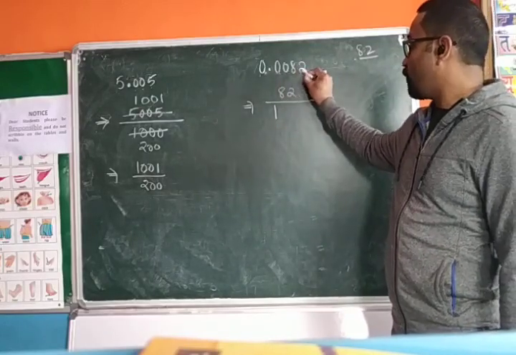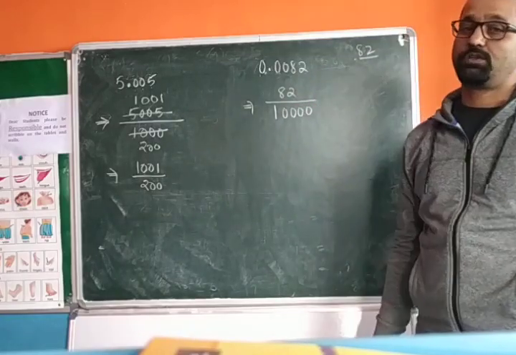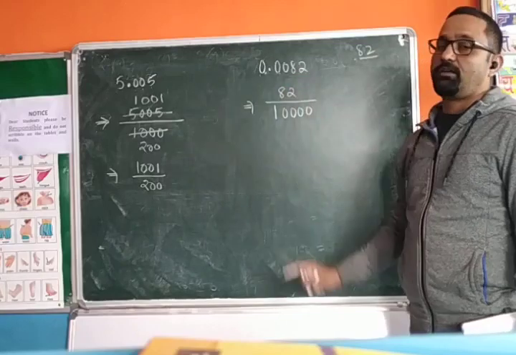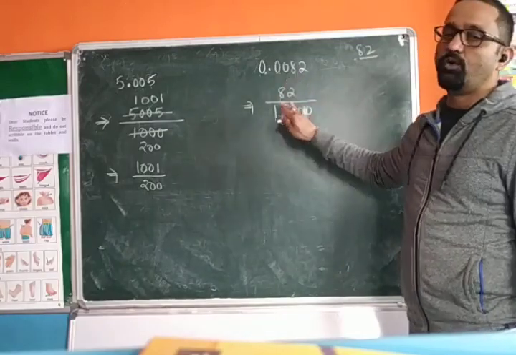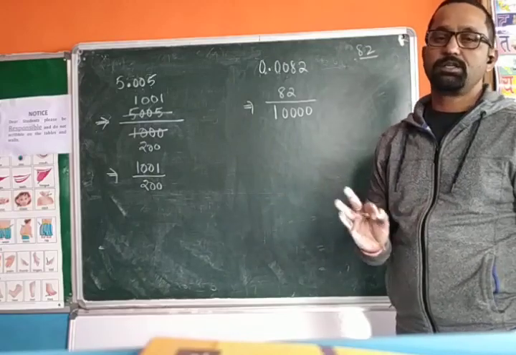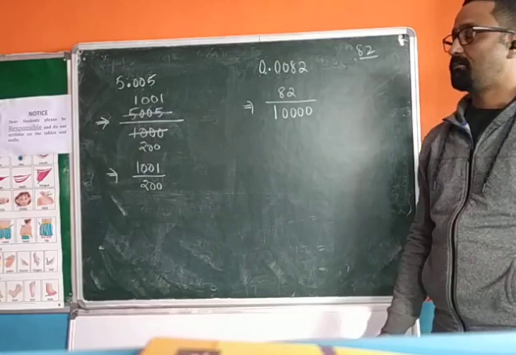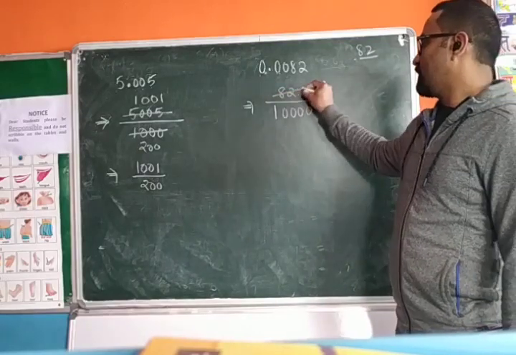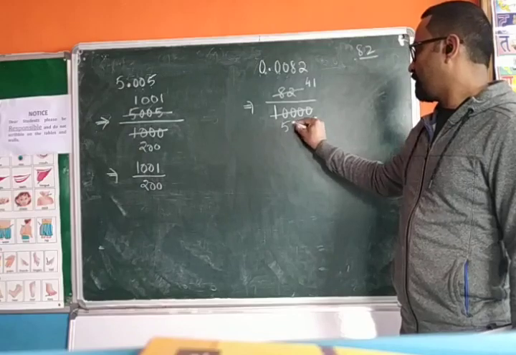1, 2, 3, 4 places, 1, 2, 3, 4 zeros. You have to count. For a decimal fraction, they are considered. For whole numbers, zeros are not considered if they are at the beginning of the number, in front of the number. Divisible, 4, 1, 5.